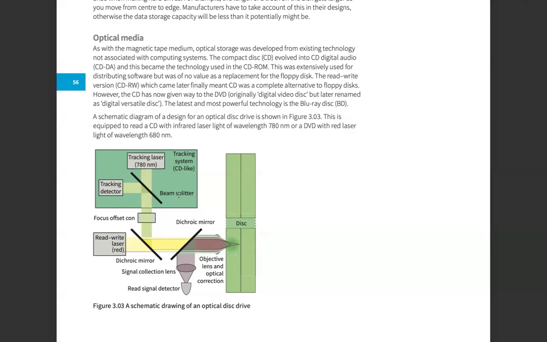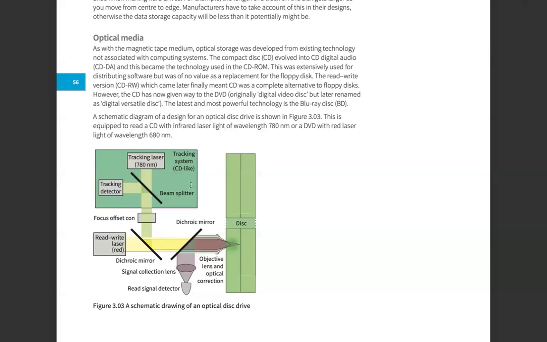They don't ask you to explain graphs and sketches like this in past papers, but you should have an overall idea to answer the first paper and the second paper. They won't ask you to explain with the sketches. Here we have the focus offset cone and the dichroic mirror as well.